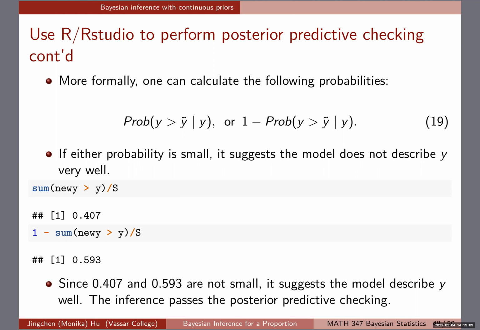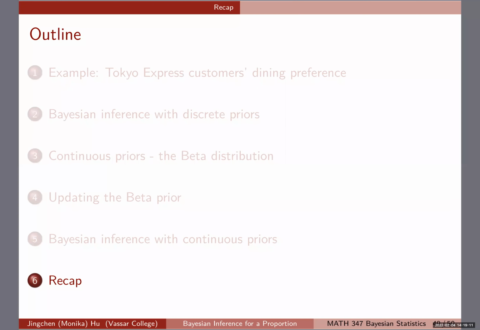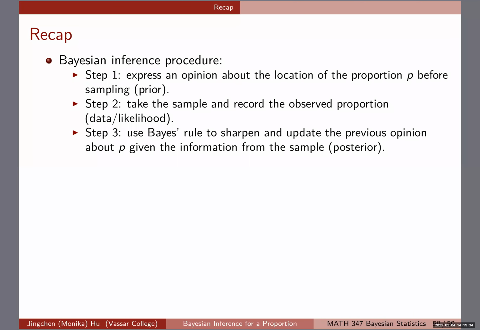Okay, makes sense. All right, so to recap, we talked a lot about different inference techniques, and in particular, how you can do exact solution versus simulation-based solution. I think this is really where the fun part starts, because once you can do simulation, there are many different ways you can summarize and work with the posterior distribution. So to recap, we talked about the 3 general steps of Bayesian inference procedure: the prior, the data/likelihood, and then the posterior.